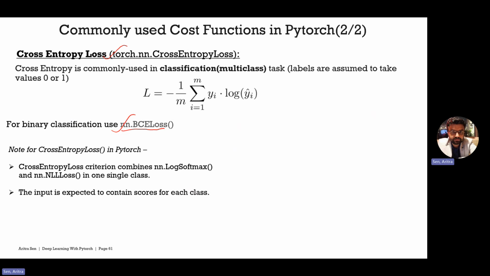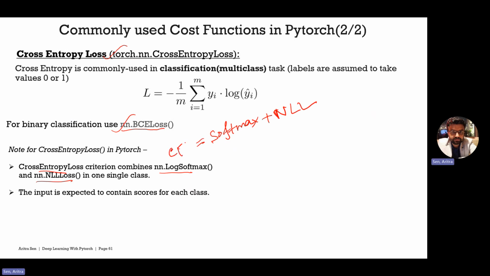In PyTorch, if you use this cross entropy loss that is coming from torch.nn, softmax is already incorporated in this function. So your cross entropy loss is kind of a combination of log softmax and negative log likelihood loss. So it is like softmax plus negative log likelihood loss gives you this cross entropy loss.